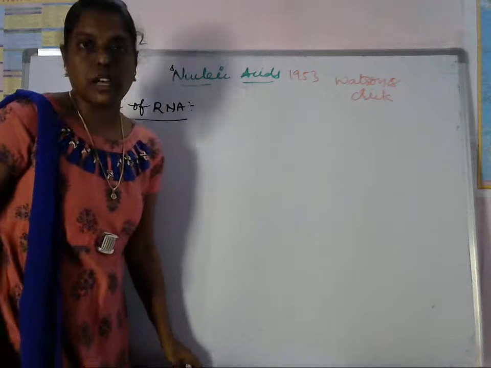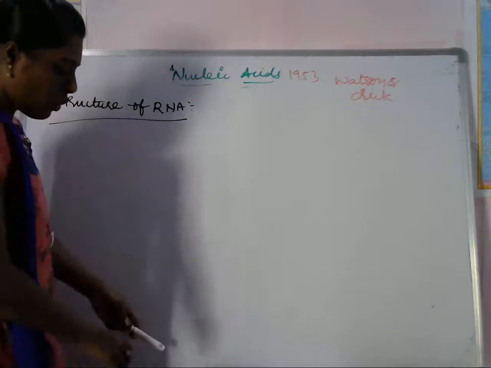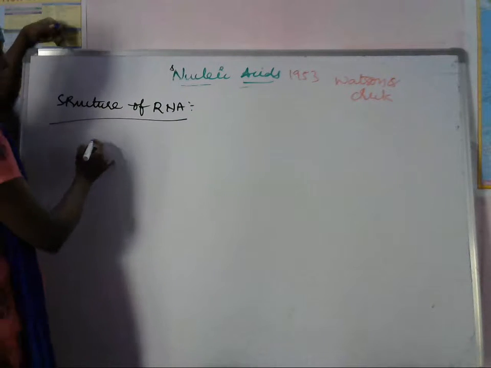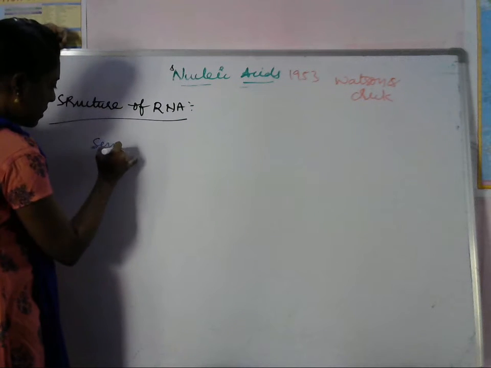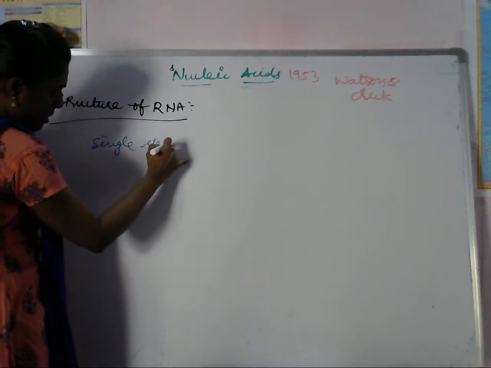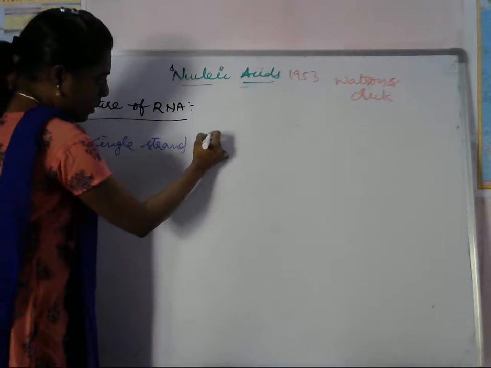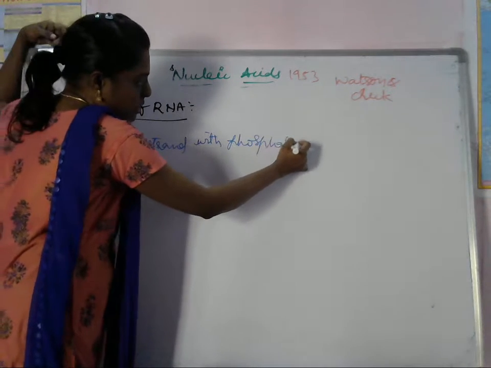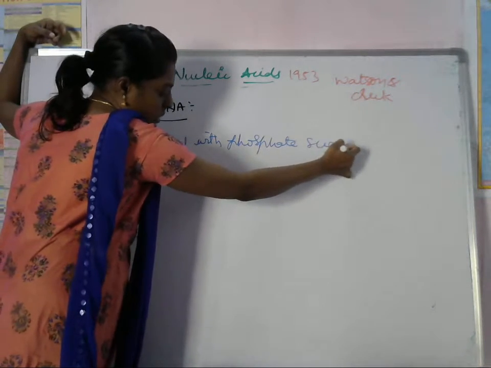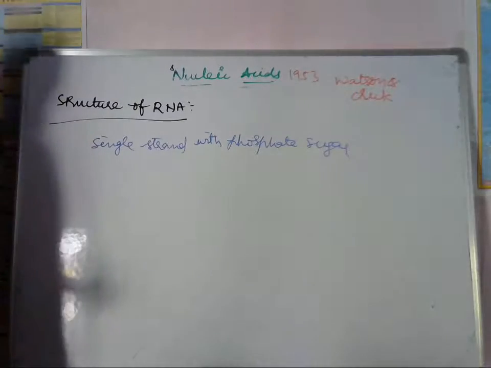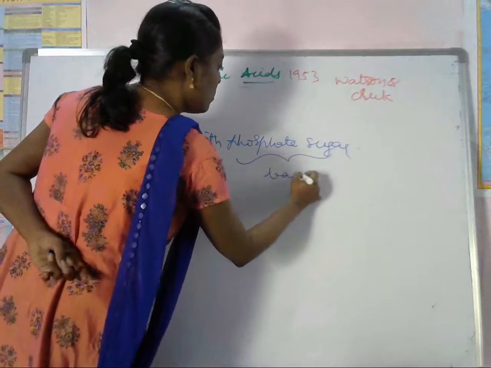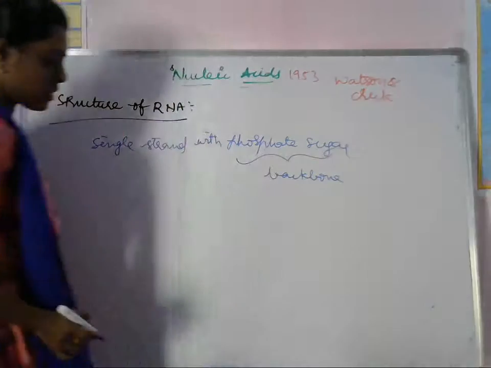There is no double or tertiary structure, so it has only a single strand with phosphate sugar as a backbone. This is called the backbone.